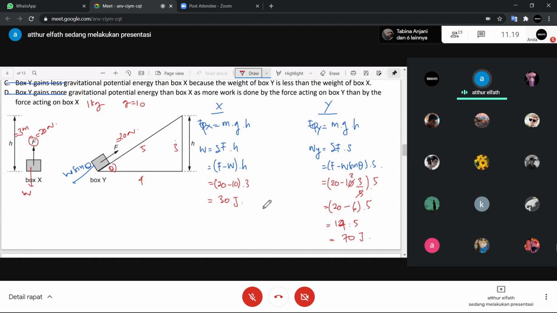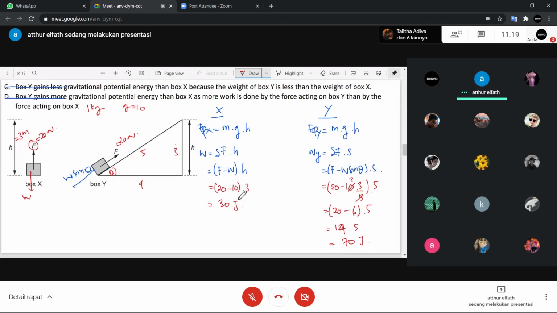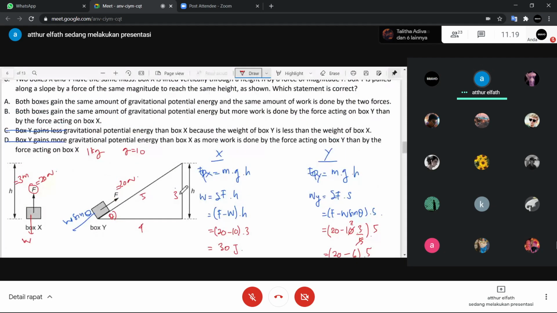Now, from this calculation, as you can see, the work done on the Y box is higher than the work done on the X box.